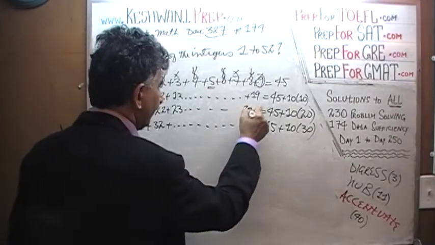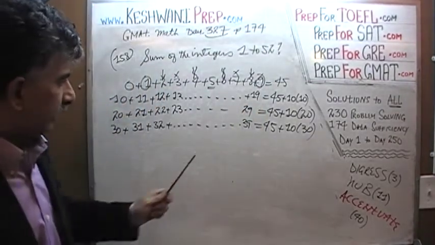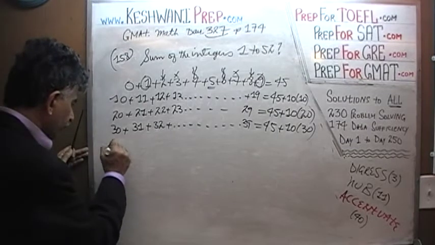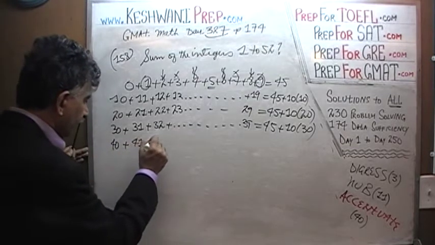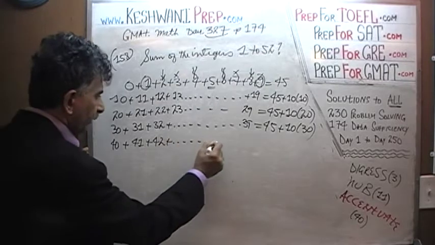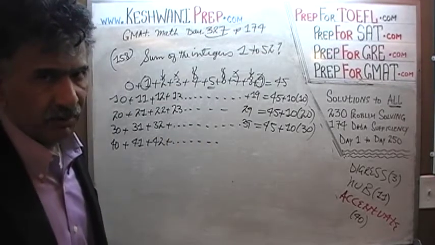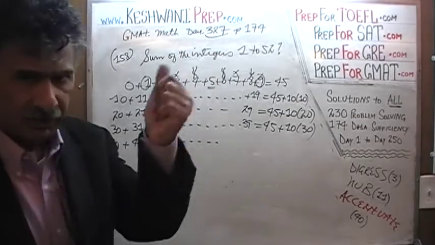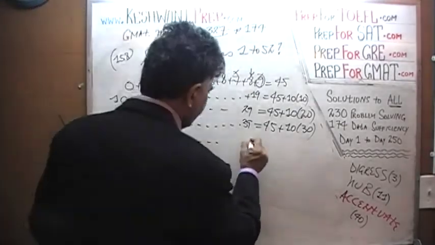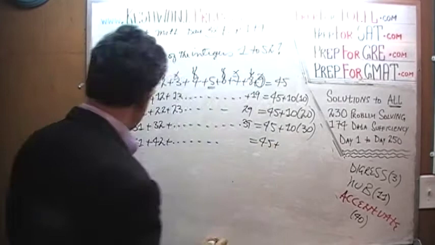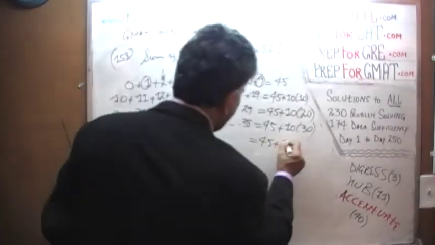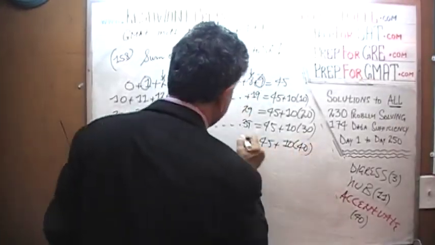Then we go one more up to 49: 40 plus 41 plus 42 plus... Of course, had it been a real exam, I wouldn't go in such a leisurely way. Once you understand the concept, it goes like that. So it's going to be 45 plus 10 40s.